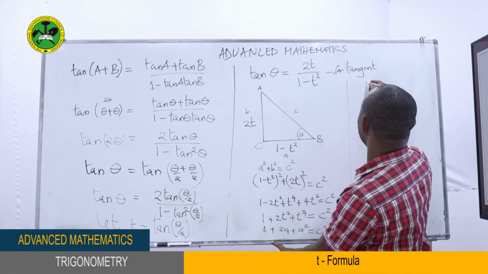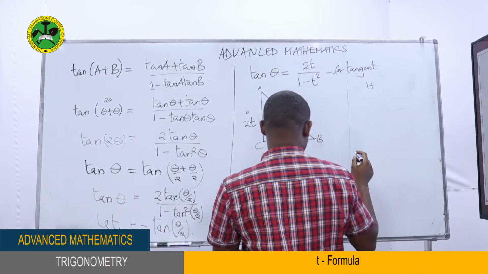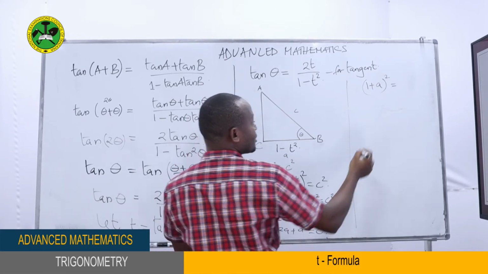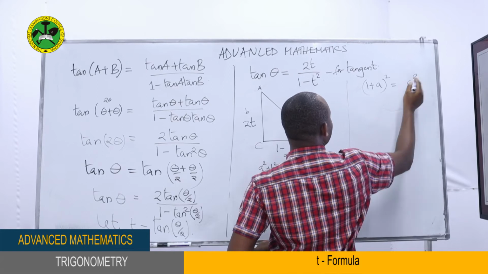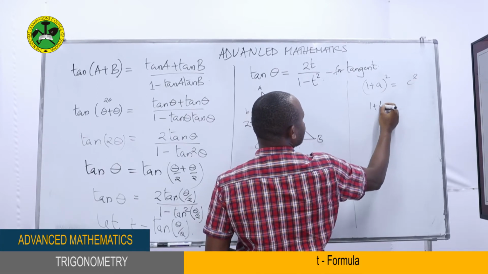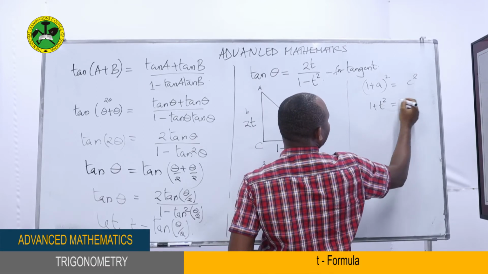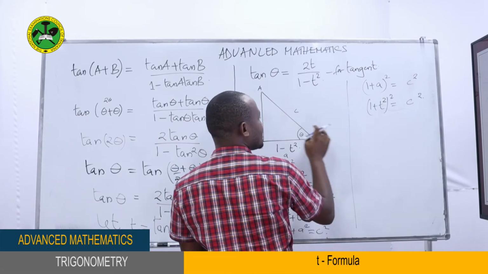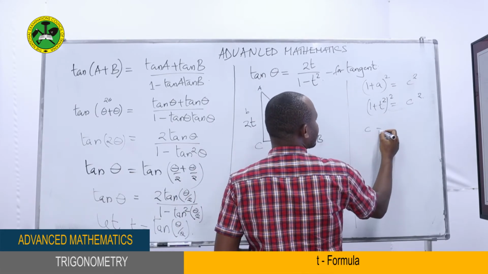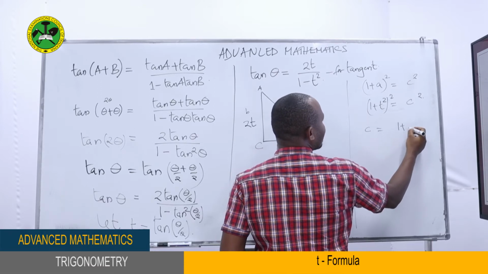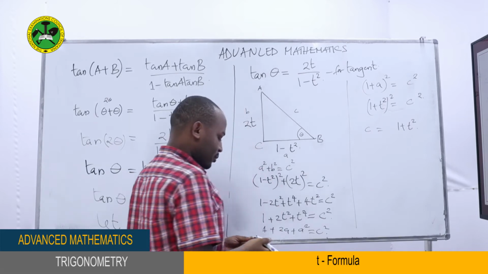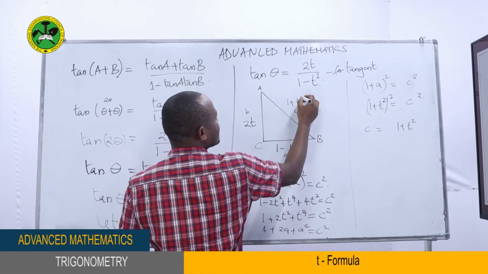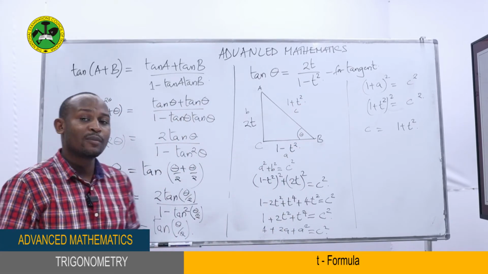That is to say, we are going to have 1 plus a, and all of that is repeated, is equal to C square. But what is a? That is to say, 1 plus t square, and all this is squared, is equal to C square. But remember, we are looking at the value of C, not C square. So we find the square root on both sides, and we are left with 1 plus t square.